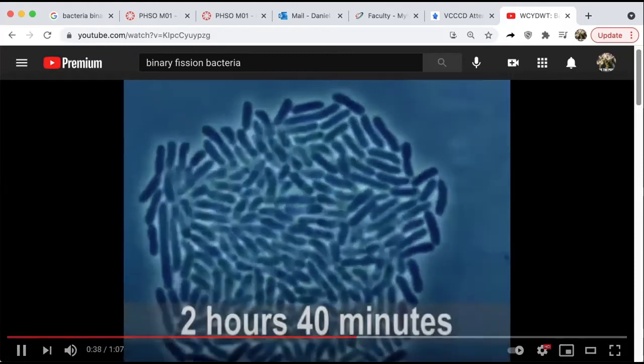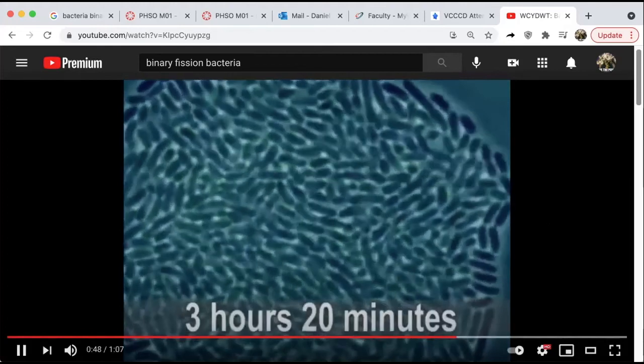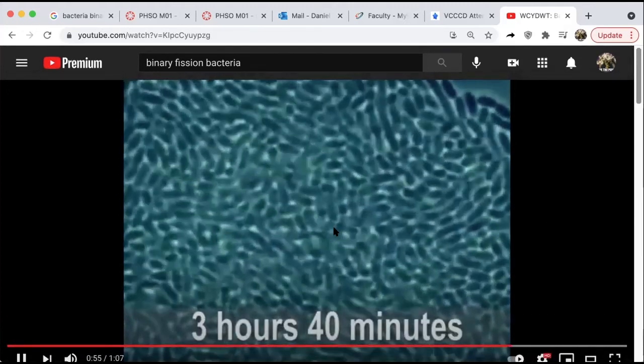So you're seeing now why it's so important to wash your hands once every hour or at the most couple of hours, as you're seeing just how fast just a couple of bacteria can replicate. And at the 4-hour mark, it's basically just taken over.